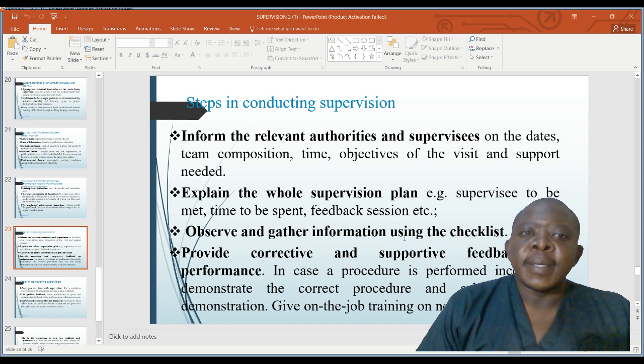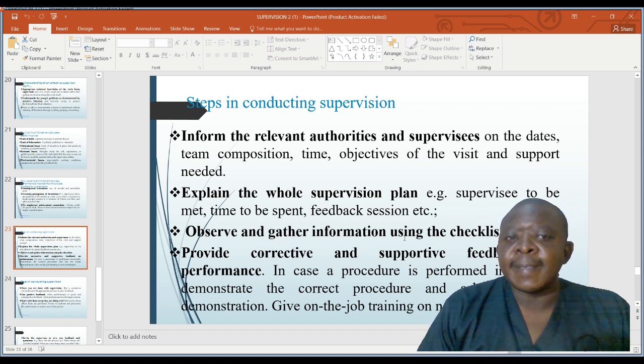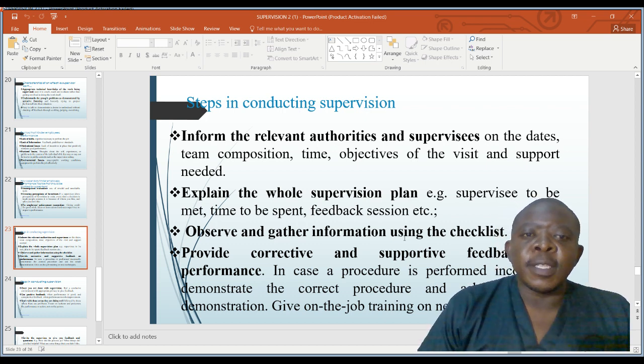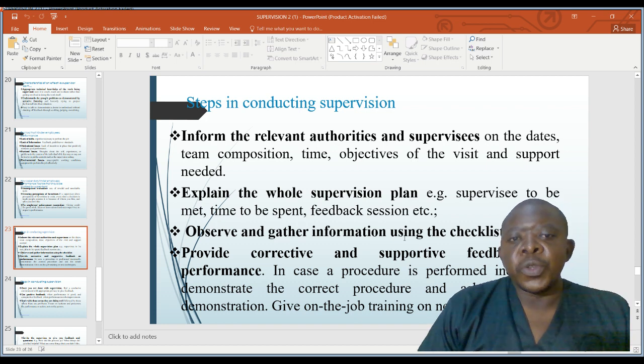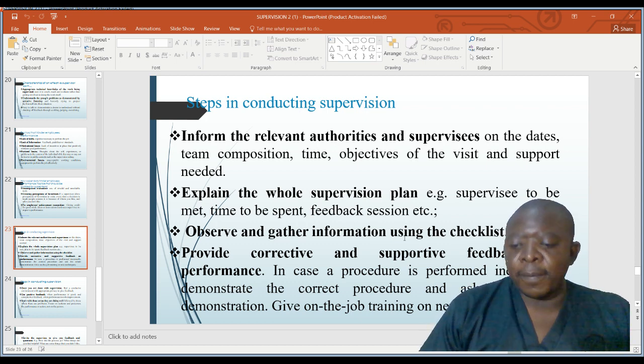Then step 2, explanation, that is explaining the whole supervision plan. The third one is observation, where you use the checklist. Then the fourth step is feedback, which can be corrective and supportive.